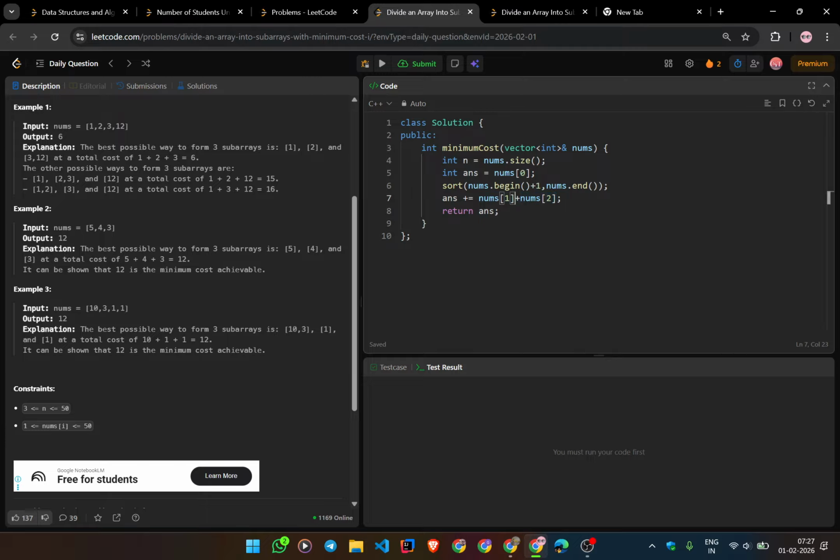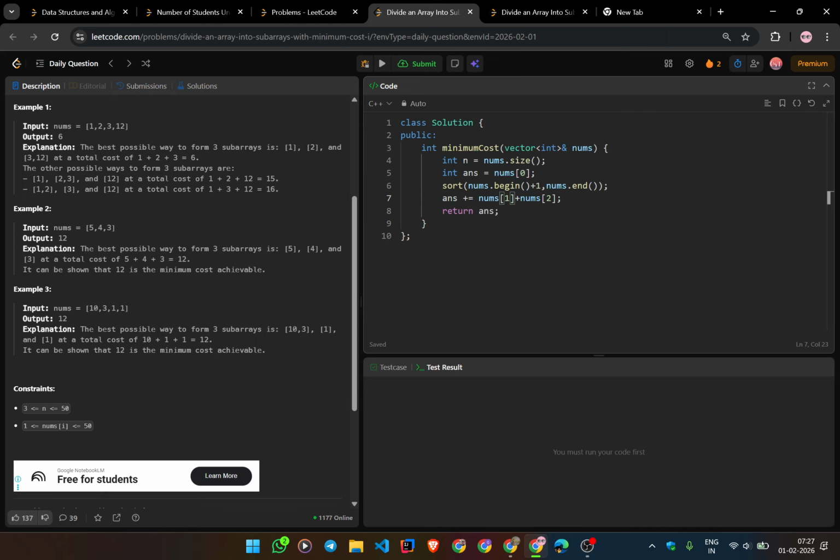You can take another method also: consider another array and insert all the remaining elements, neglecting the first element, sort it, and take the initial 2 elements.